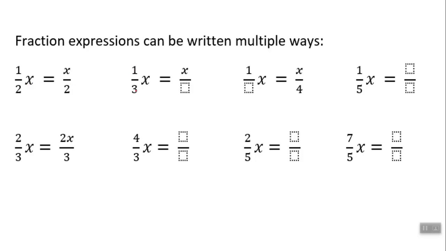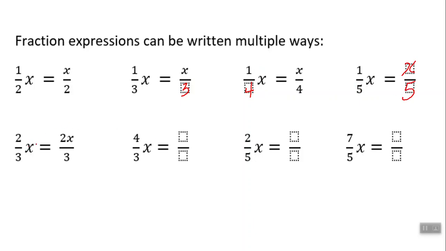If you have 1/3 x, this is x over 3. You have x over 4, that means x divided by 4. This is equal to 1/4 x. 1/5 x is equal to x over 5. These are the same thing.